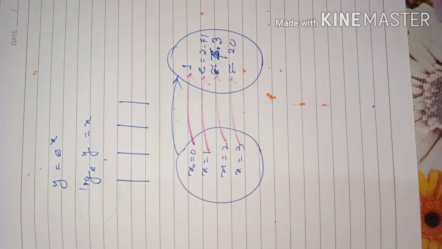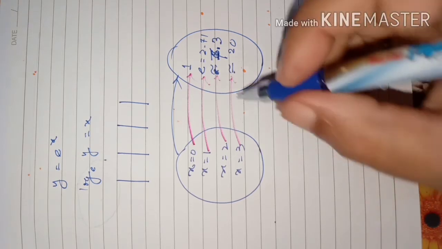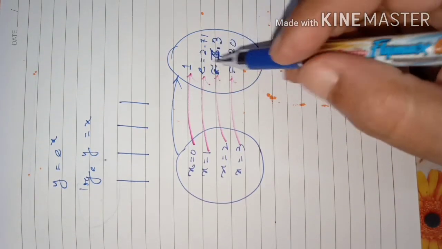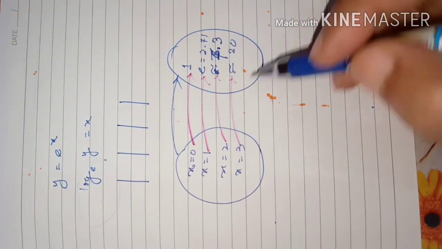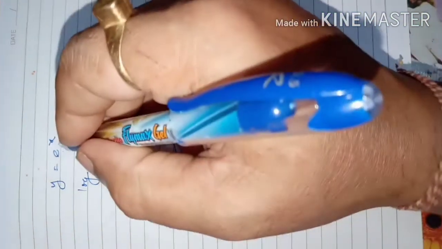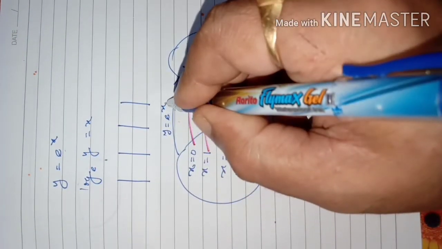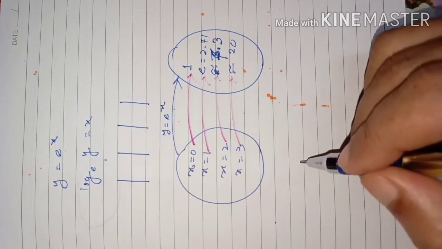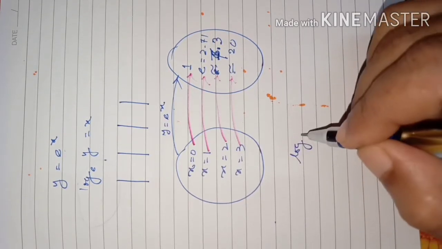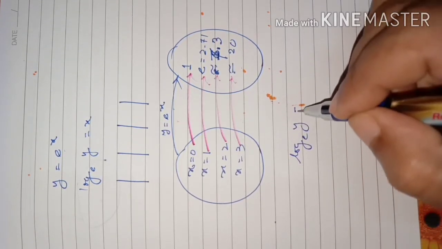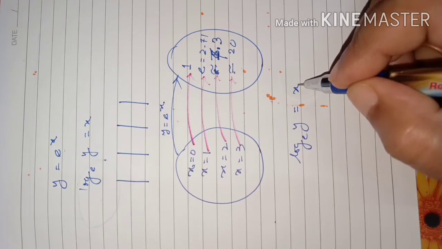So if we reverse it, for this function, y equal to e to the power of x, now if we say log of y to the base e equals x, then we get x.